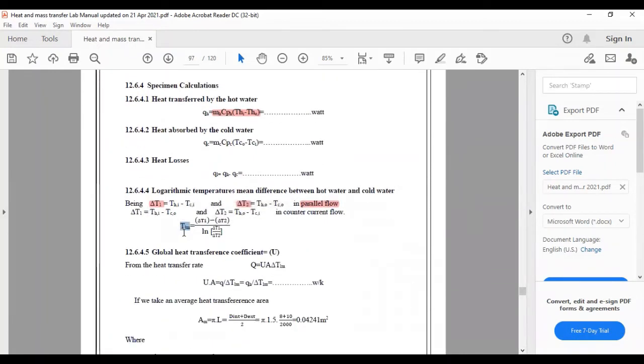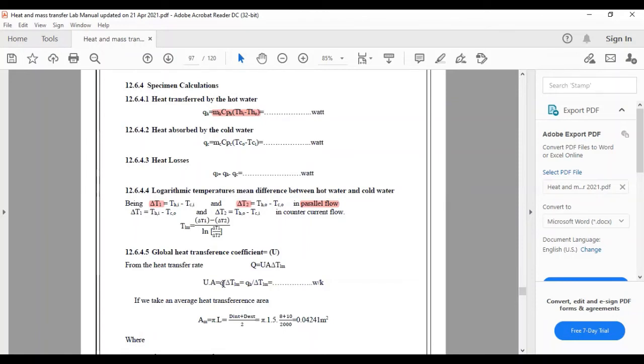After getting this value, we have the formula for the global heat transfer coefficient U. Total heat transfer is equal to the global heat transfer coefficient multiplied by the average heat transfer area and delta TLM. We have the value of delta TLM, so U times A will be equal to Q divided by delta TLM.